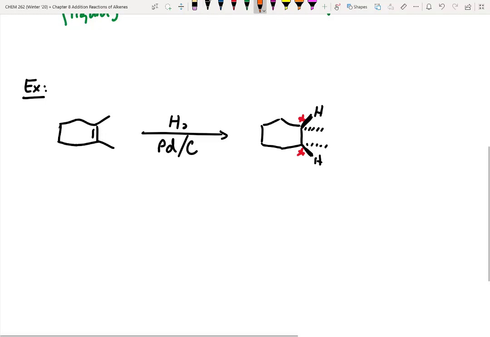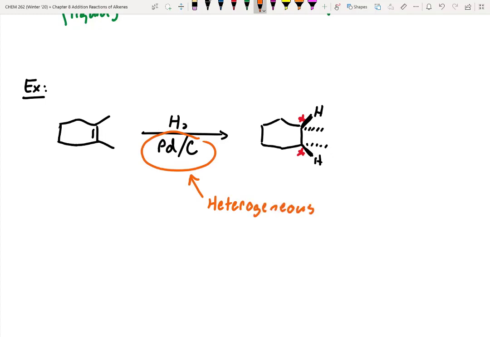All right. This catalyst system was the first one essentially used on a mass scale for these hydrogenations. These are called heterogeneous catalysts. And essentially what that means is that it doesn't dissolve.